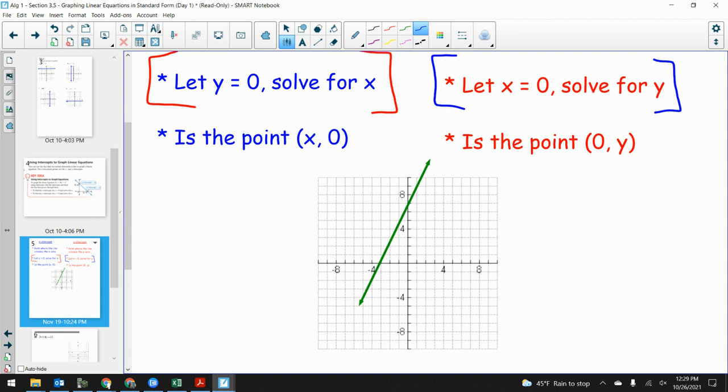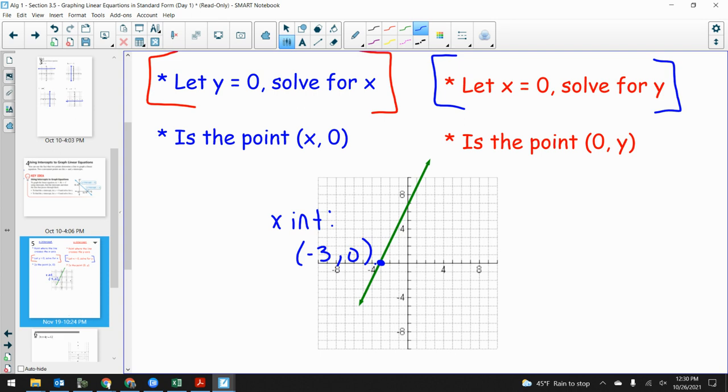Here's what I mean. Where is my x-intercept? What's the coordinate of my x-intercept? Negative 3 comma 0. So this is the x-intercept. Negative 3 comma 0. I need to write that in.